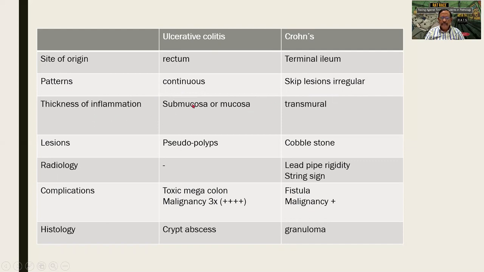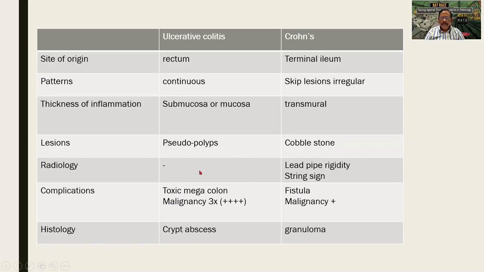Thickness of the inflammation is superficial, limited to the mucosa and submucosa in ulcerative colitis, whereas the entire wall is involved in Crohn's. It is called transmural inflammation. The lesions are pseudopolyps and the cobblestone appearance that we had seen earlier.